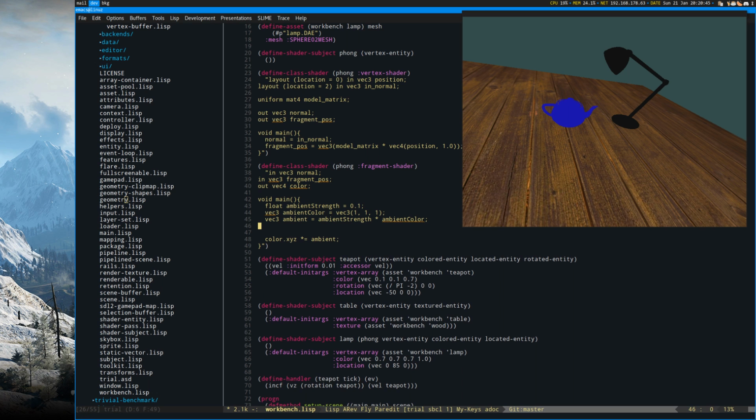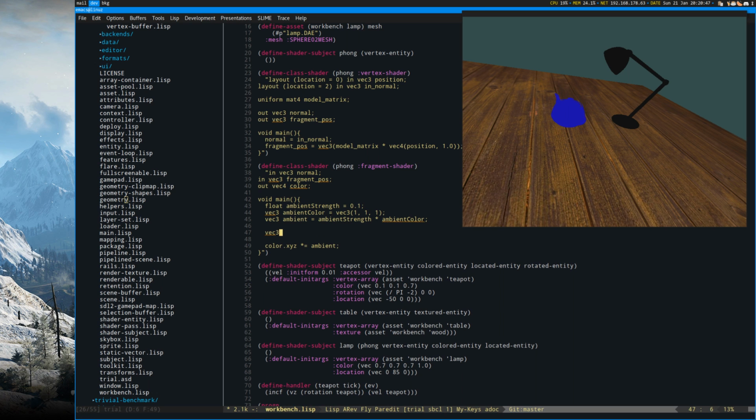Right, and then we have light direction is normalize. Really don't like camel case.